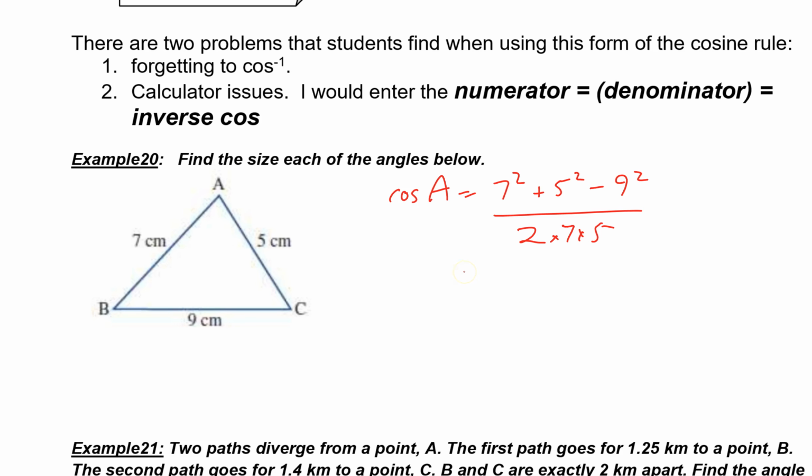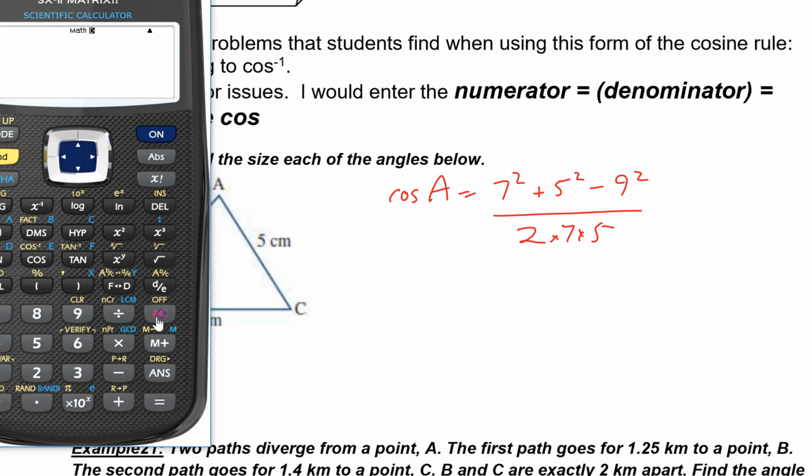So 7 squared plus 5 squared minus 9 squared, divided by 7 times 5 is 35, times 2 is 70, divided by 70 equals negative 0.1.